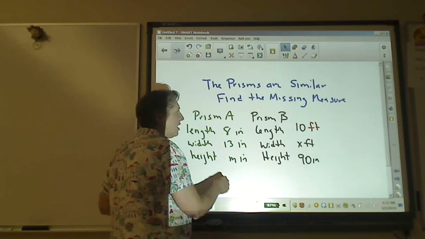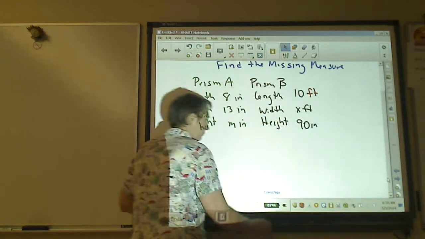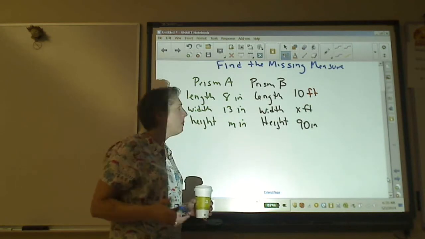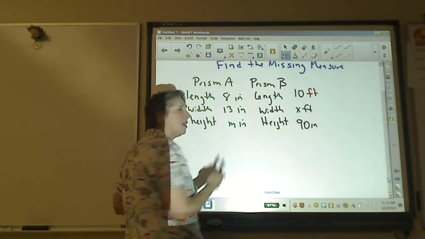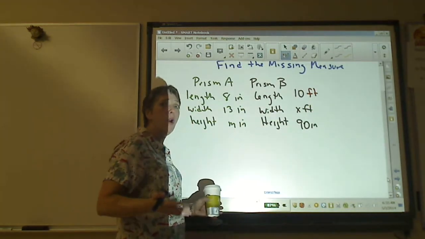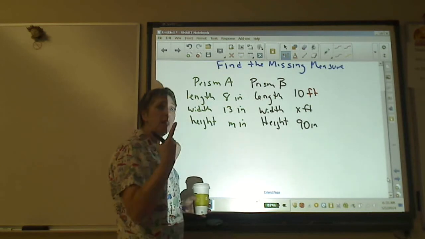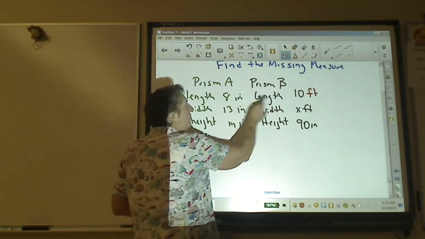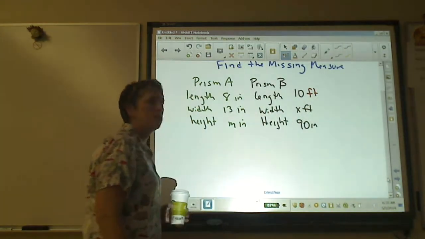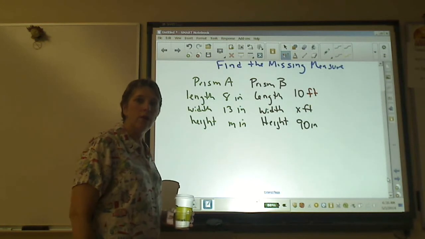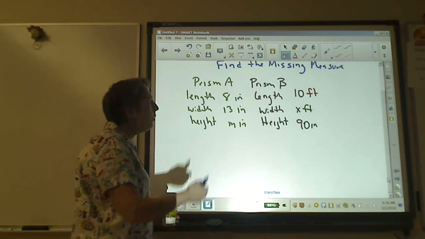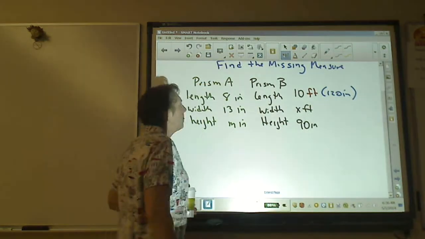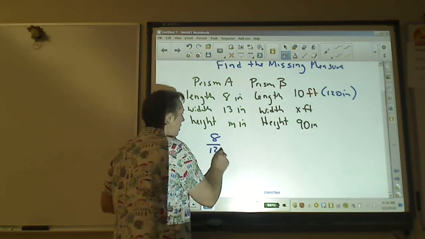Okay, so let's do it. We have to set it up. We'll start with this one. We have to find the one that we know. This one's missing a measurement, because we have to find the proportion that matches with each other. We need at least one fraction that has both parts. The length has both parts, but we need to change this to inches. So how many inches are in a foot? 12 inches in a foot. So 12 times 10 is 120 inches. So we're going to say 8 over 120.